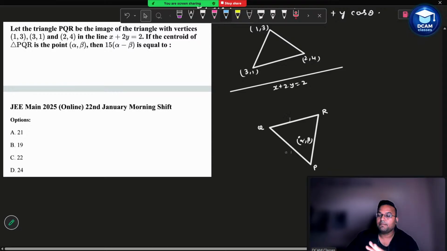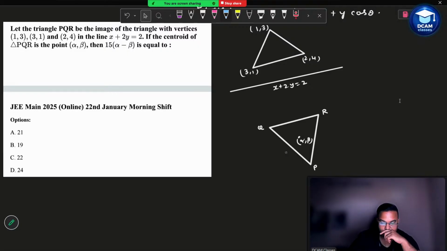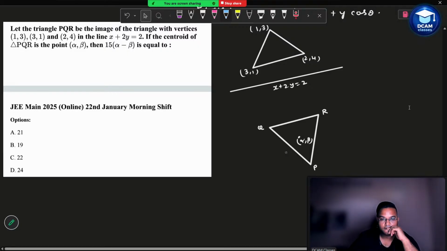Then you will get a triangle with these 3 coordinates, which you have found out using the mirror image formula. And then for that triangle, you have to find out the centroid. Finding the centroid is very easy for you because it is x1 plus x2 plus x3 by 3, y1 plus y2 plus y3 by 3. That's your, okay? No doubt? Yes, sir. No doubt. Okay.